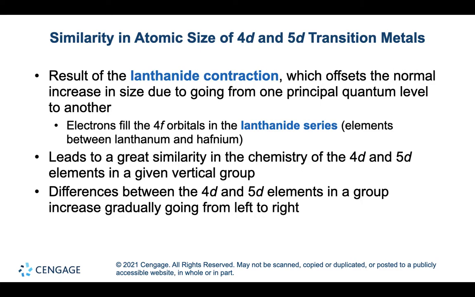And so what you have there is an increase going down, which is then counteracted by the decrease as you fill in the 4f, resulting in a lot of similarity in size between the 4d and the 5d elements due to that thing called the lanthanide contraction.